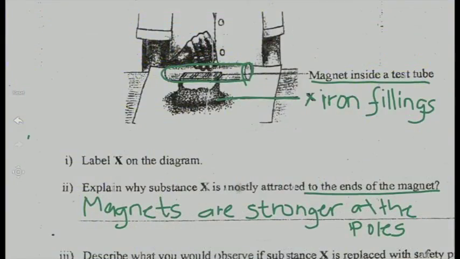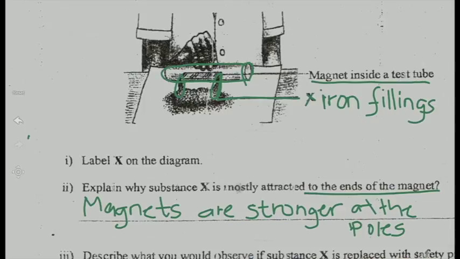Remember, magnets have 2 ends or 2 poles, and it doesn't matter what type of magnet it is. We have 3 types of magnets: the horseshoe magnet, the cylindrical magnet, and the bar magnet. All of them have 2 poles, the North Pole and the South Pole, and they are stronger at the poles. That is why, in our picture, the iron filings are attracted at the ends of the magnet.